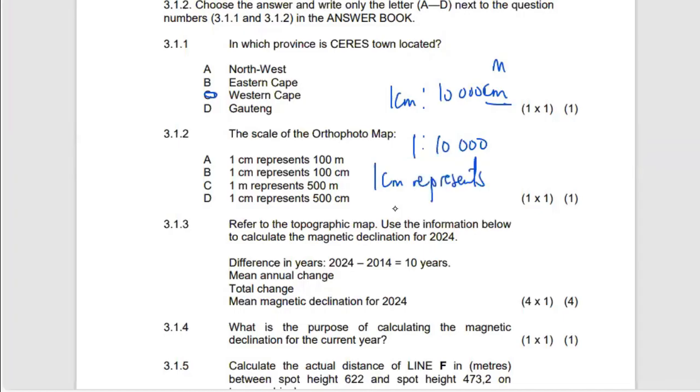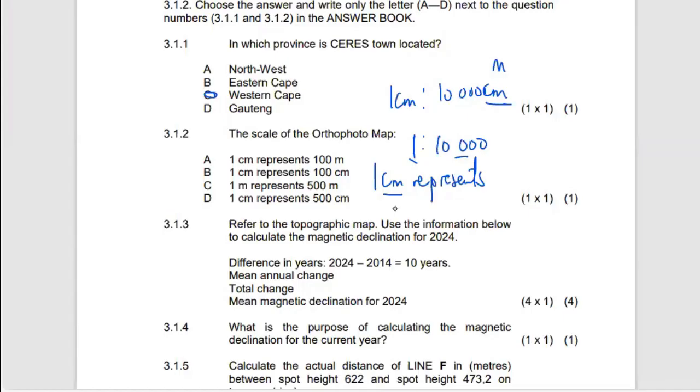because remember the word scale, it allows us to use different units of measurement, but on a ratio scale, it means whatever unit is here is the same unit on the denominator. So it's the same units of measurement. You cannot express numbers as a ratio if they have different units of measurement. We can only do that on a word scale. 1 centimeter represents how many meters here?